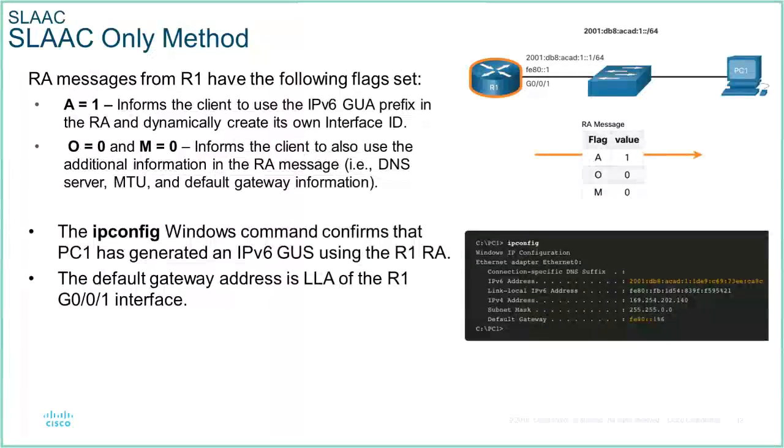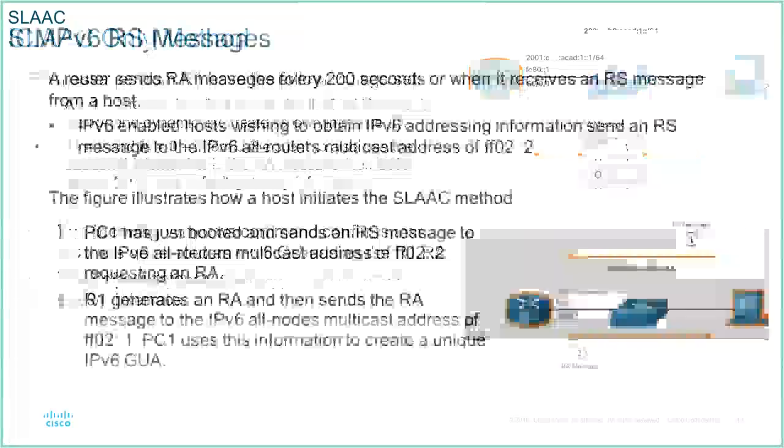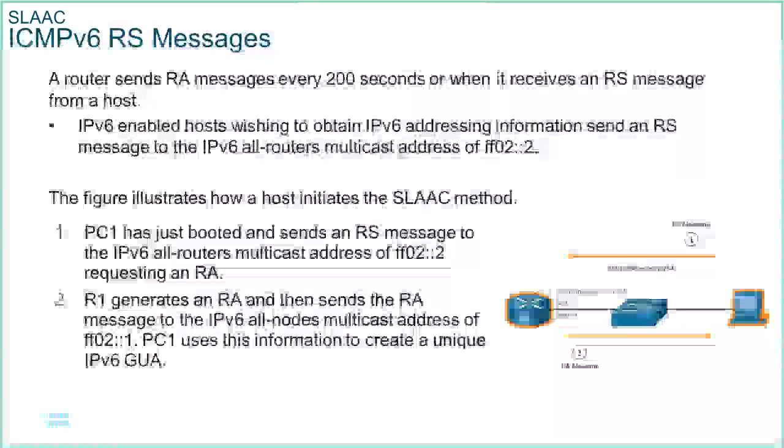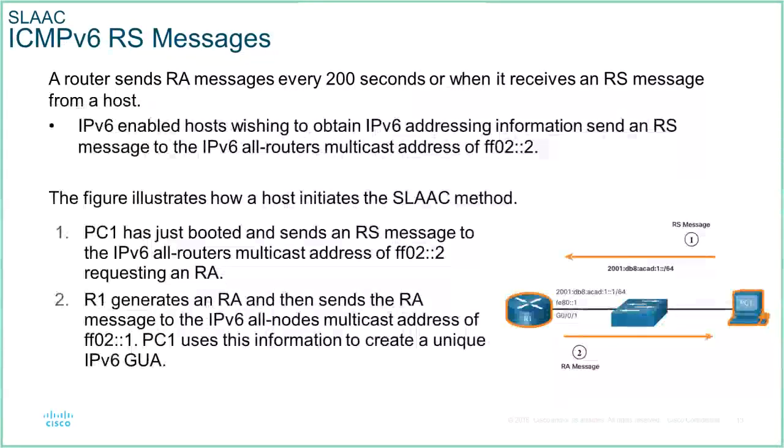Use the ipconfig command to confirm that the addresses have been created on your local device, and you should have an FE80 and a 2001:DB8 address as shown here. Notice that the default gateway was a link local address, an FE80.